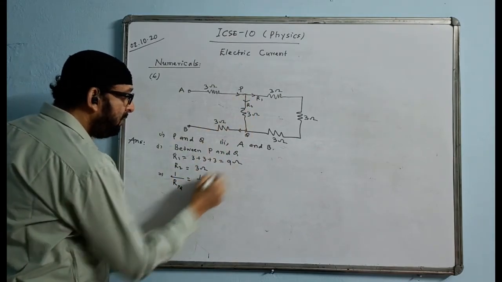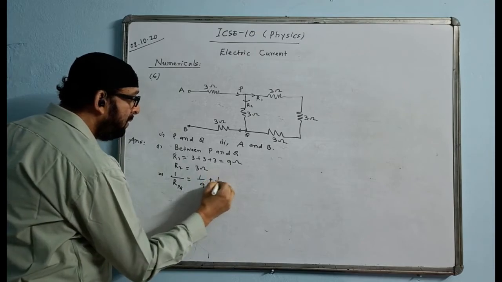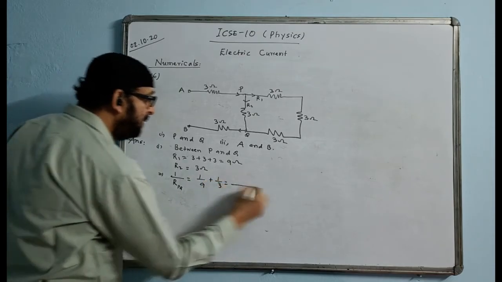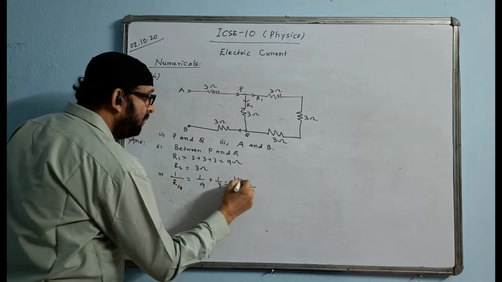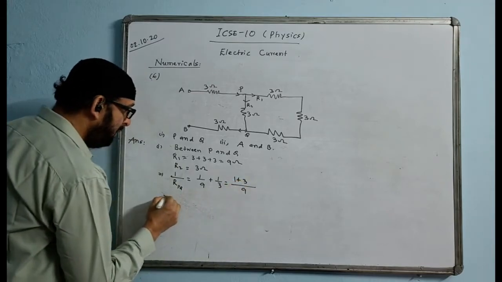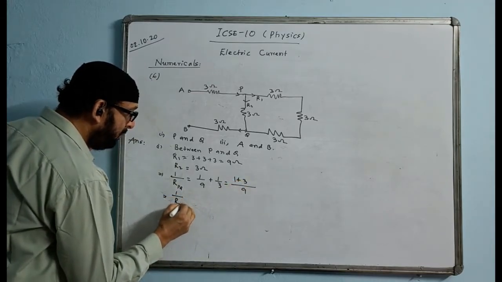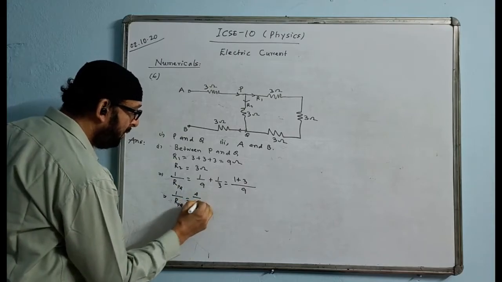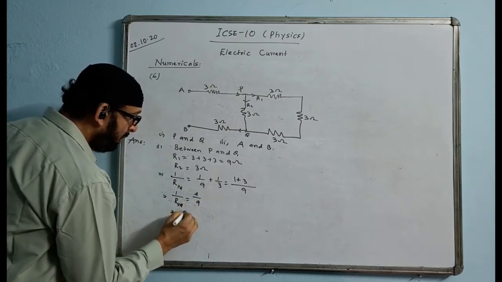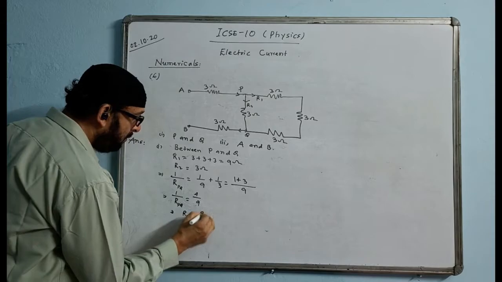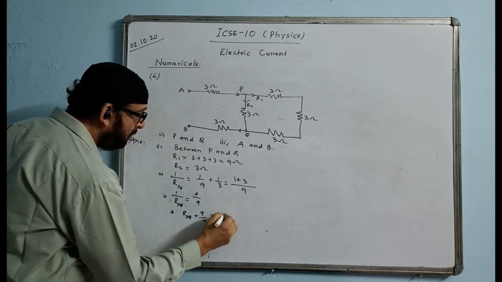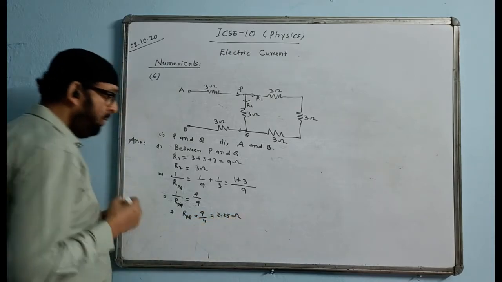That means 1 by R1 plus 1 by R2, write 1 by 9 plus 1 by 3. Now you find the LCM 9, it comes 1 plus 3. Next we can add: 1 by R PQ is equal to 4 by 9, or R between PQ is equal to 9 by 4. The answer will come 2.25 ohm.